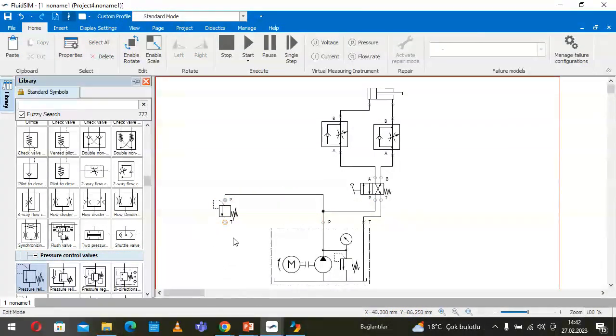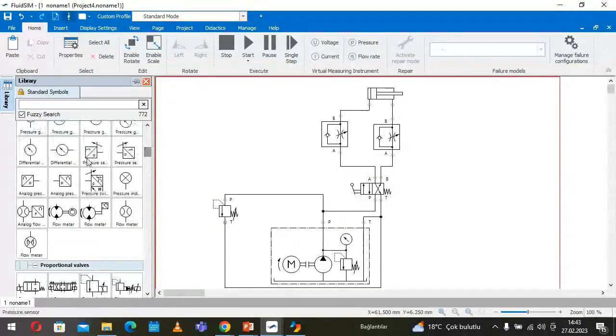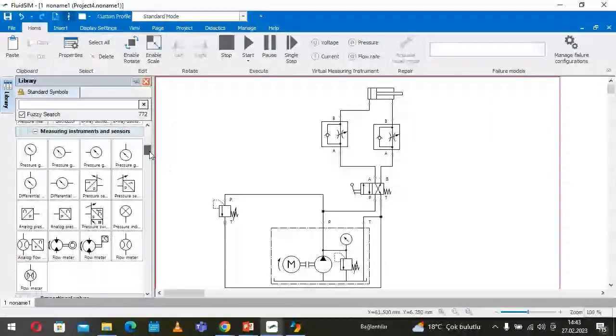This we have to connect to the tank here. Okay, connected to the tank. And let's have a manometer, a pressure indicator here.